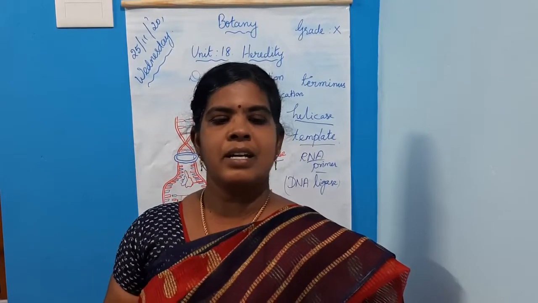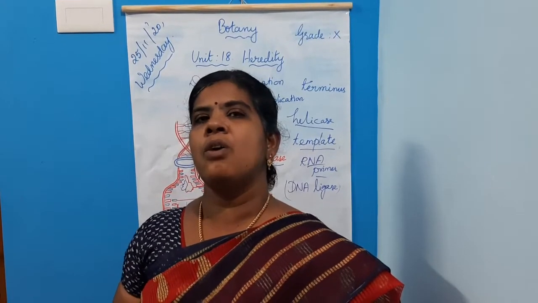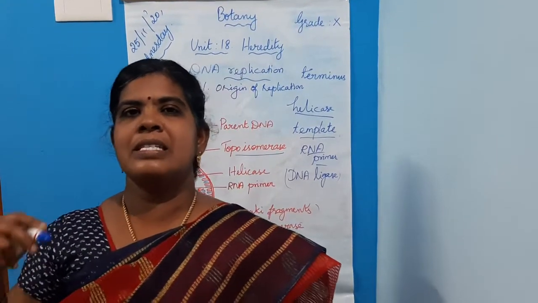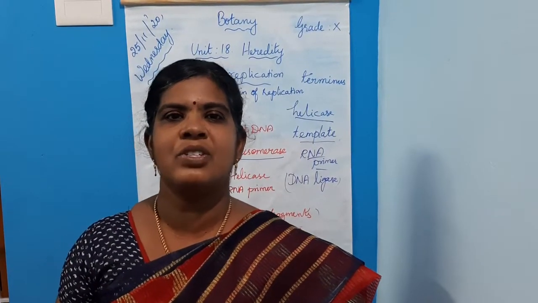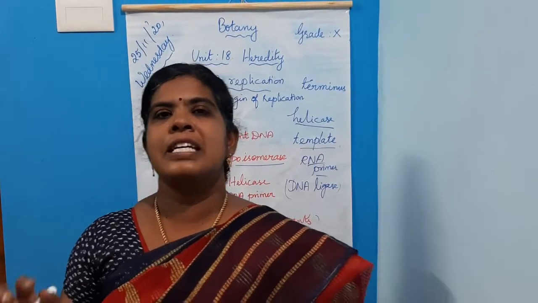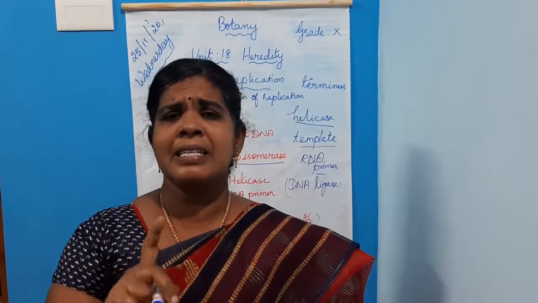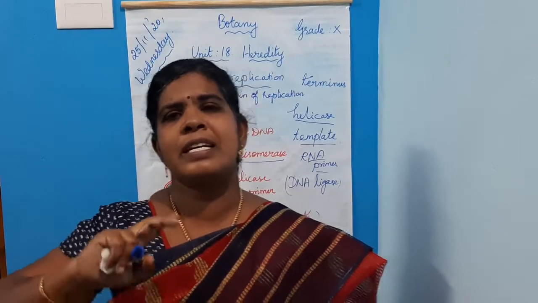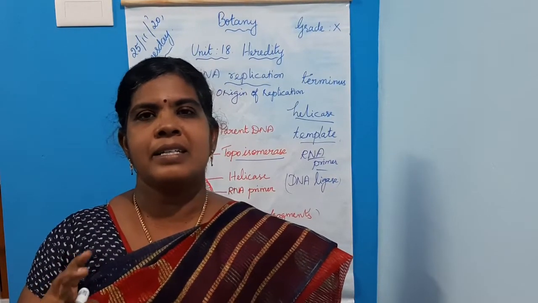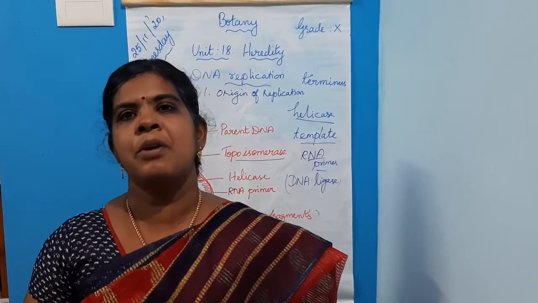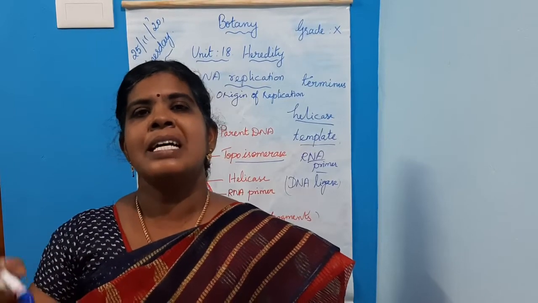Next, it controls the developmental process and life activities of an organism. These are the significance of DNA. The first is that it carries the genetic information and is responsible for the transmission of hereditary characters from one generation to the next.